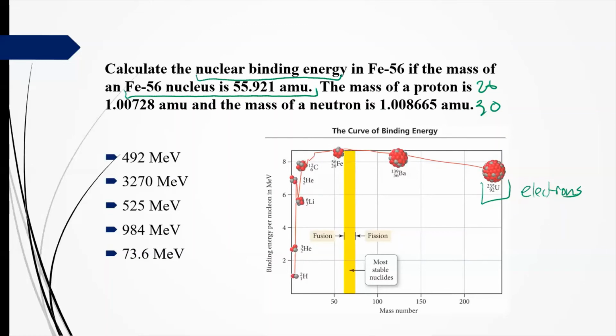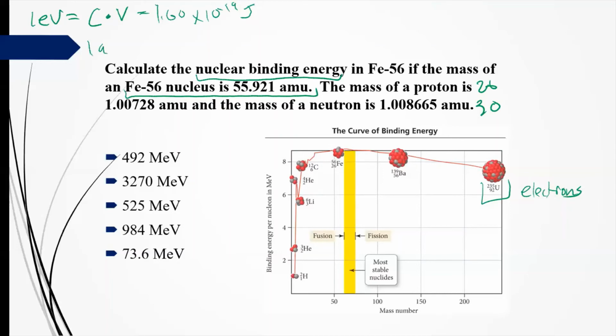Now, to help with this, remember that 1 electron volt is pretty much the charge of our electron times the volt difference to bring it to a 1 volt potential difference. And so that is 1.60 times 10 to the negative 19 joules per 1 electron volt.